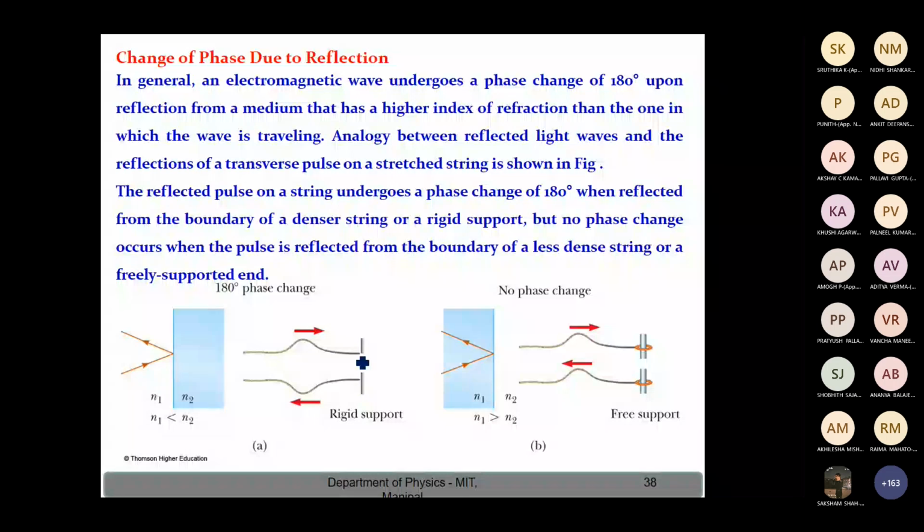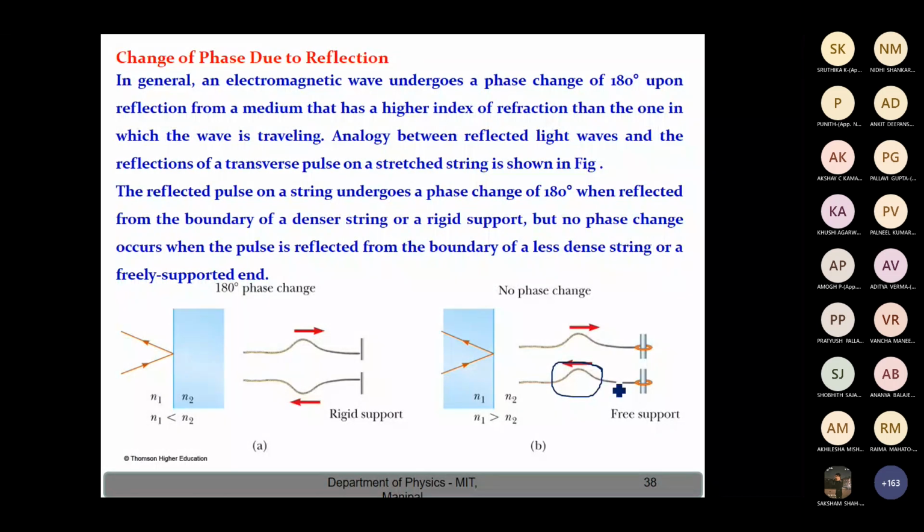You will see the 180 degree phase change. This is an incoming pulse and this is a reflected pulse. If you see here, in case of a rigid support, the pulse is completely inverted. It has undergone a phase change of 180 degrees. If the support is not rigid, you will observe that the reflected pulse will not be inverted.